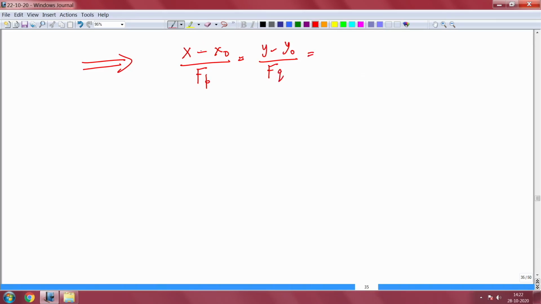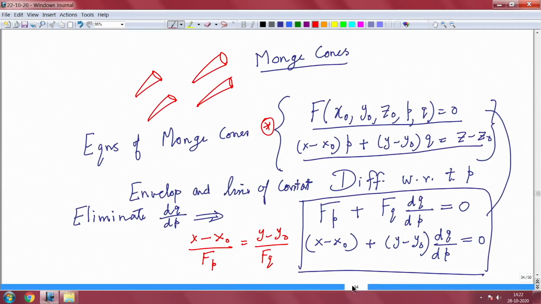is equal to, I can multiply and do that, you will get p into (x minus x naught) plus q into (y minus y naught). So I am multiplying and dividing. This is a standard thing which you know. This will be equal to p fp plus q fq. But what is p into (x minus x naught) plus q into (y minus y naught)? That will be z minus z naught.